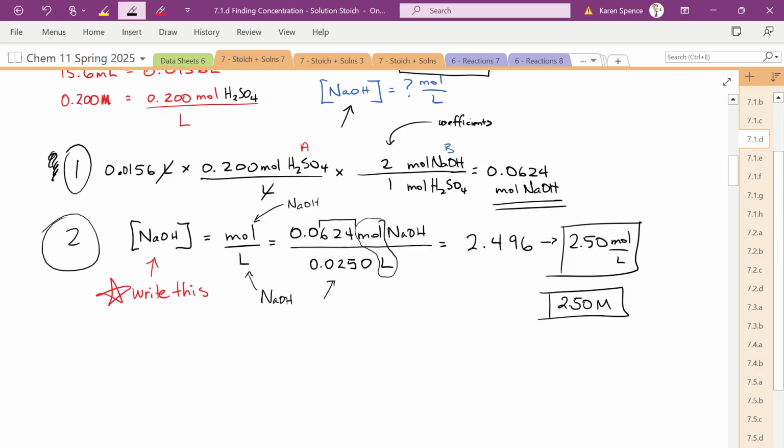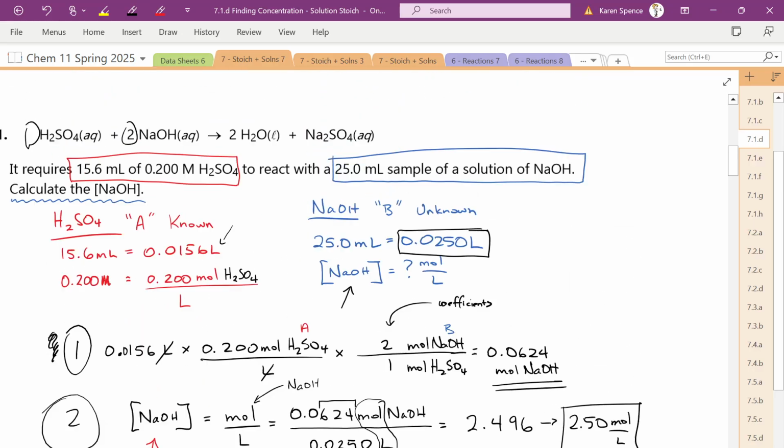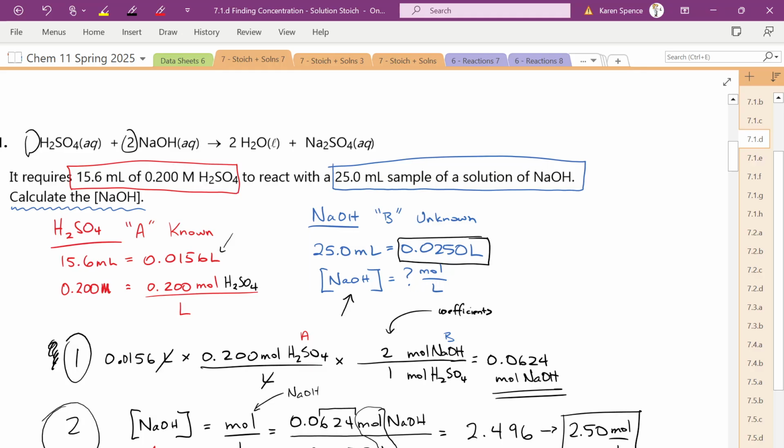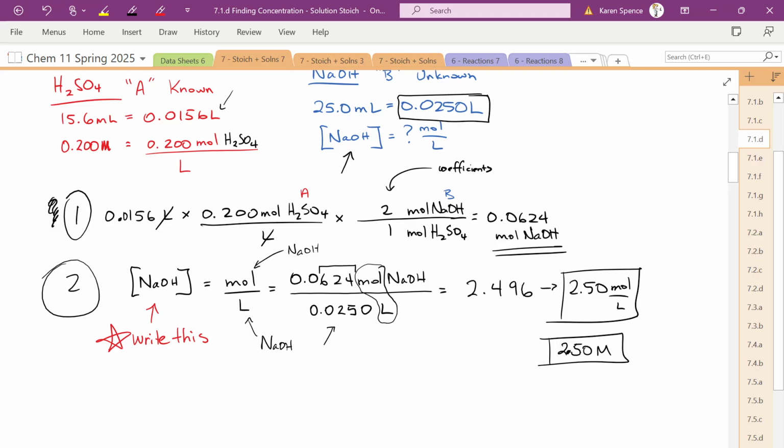Did I do my numbers wrong? In the book it says 0.250. It should be 3 sig figs. Let me just check. 15.6 times 0.2 times 2 divided by 25 equals, yeah, it should be.